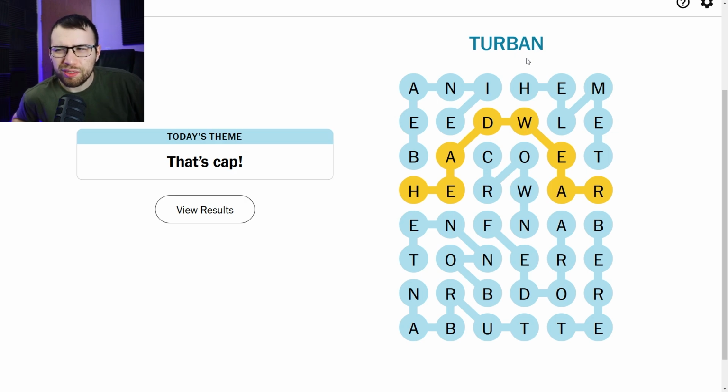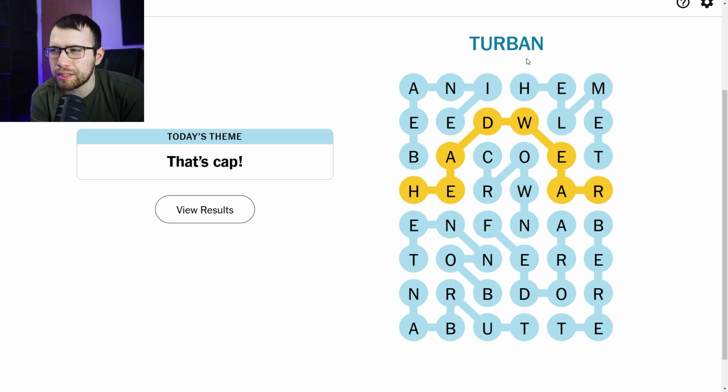I guess some of the spangrams haven't necessarily been obvious from the beginning, but I think a lot of them are doable, that you can puzzle them out first.